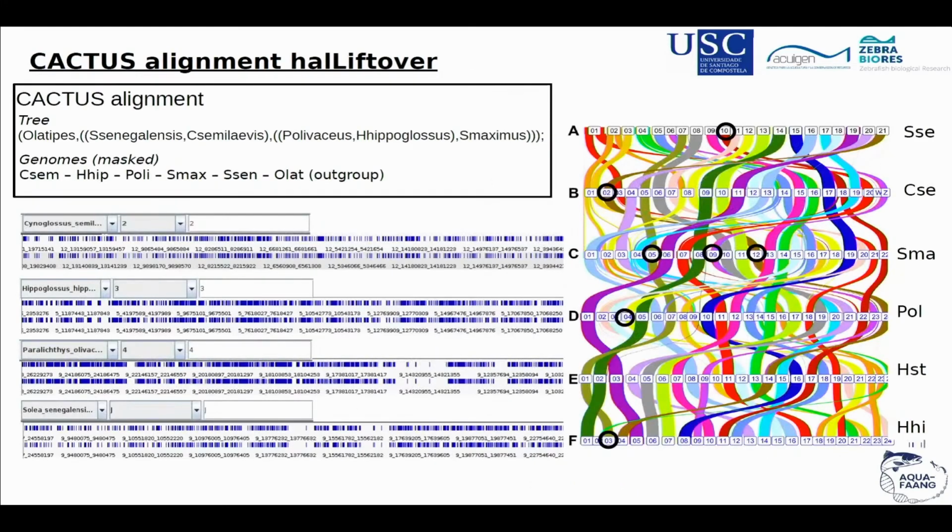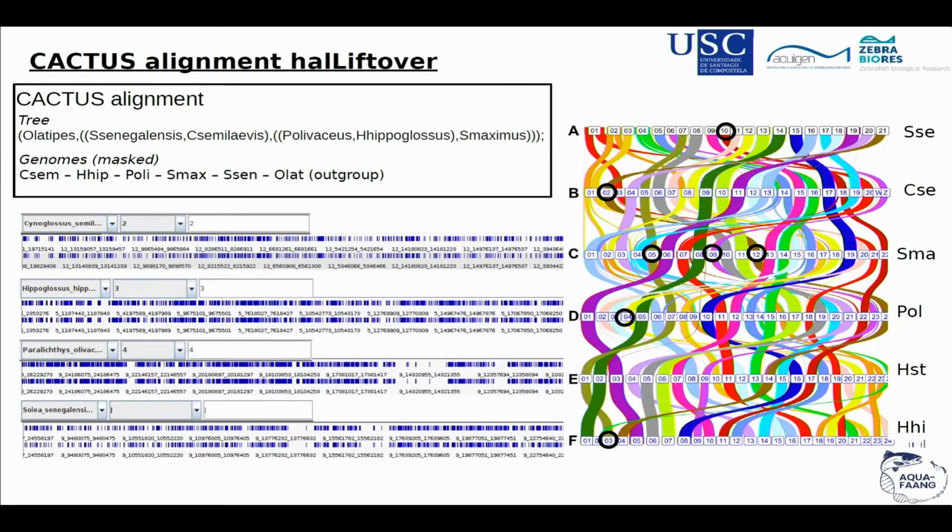Finally, as another approach to identify regulatory sequences in flatfish, we used Cactus. What we did was perform an alignment of the same 5 genomes.